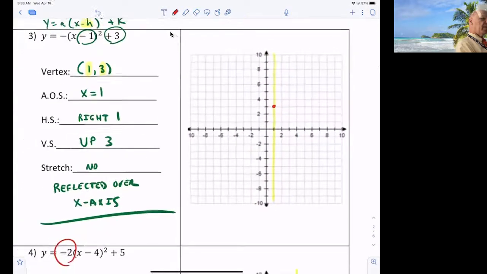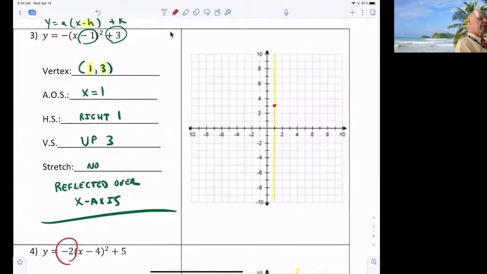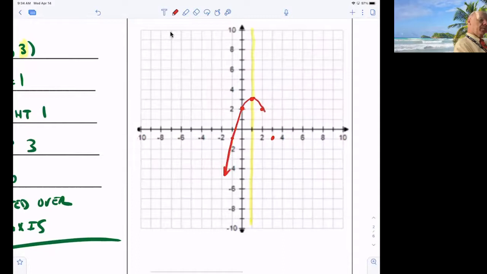Oh, down 1, because there's no number, so it's just a line. And then you go to the right 2 and down 4. And then draw it.